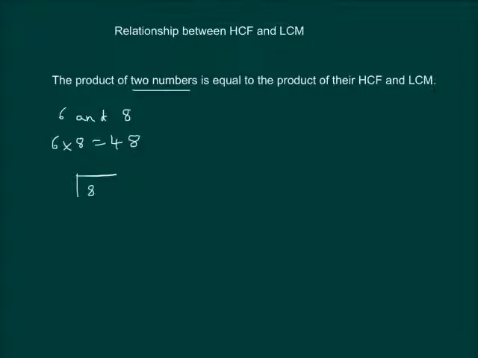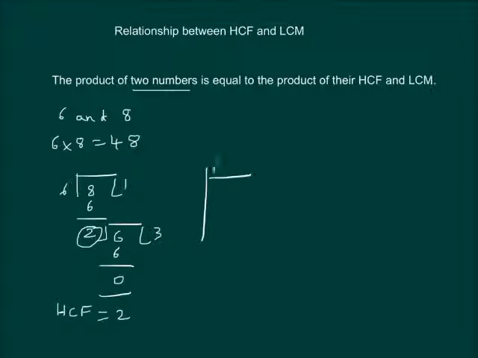Say we use the long division method. So here the HCF is 2 and let us find the LCM. So LCM will be 2 into 2 into 3 into 2, that is equal to 24.